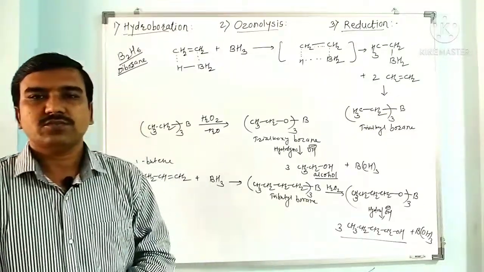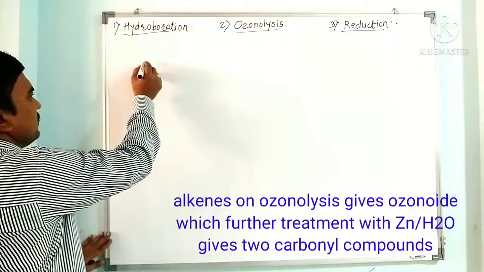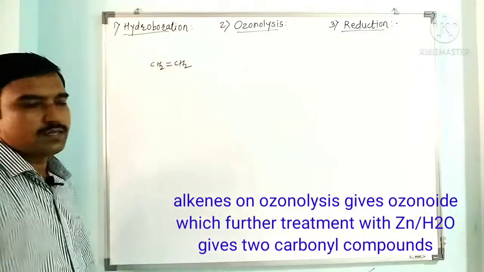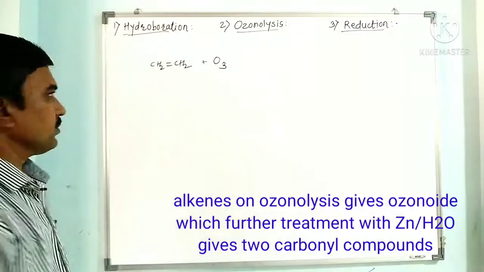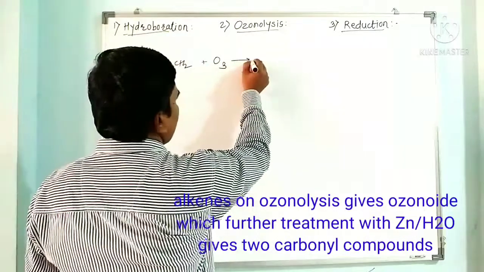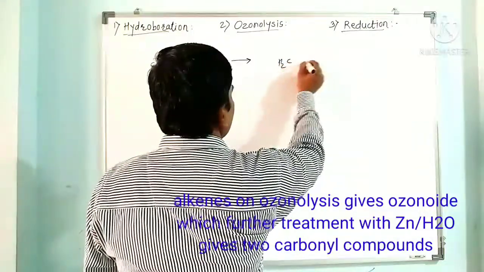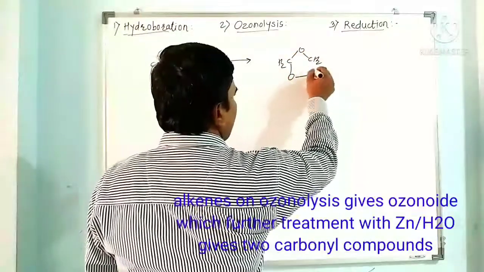Now the next reaction we have to see is ozonolysis. In ozonolysis, an alkene reacts with ozone. Ozone is O3. It first gives an ozonoid, that is CH2, here oxygen, here oxygen, oxygen.